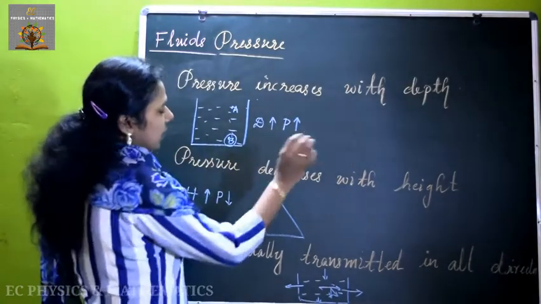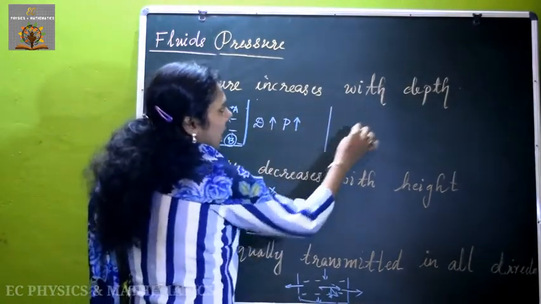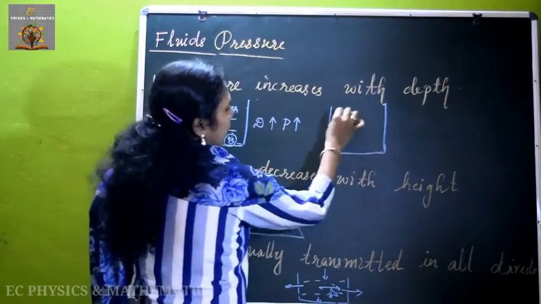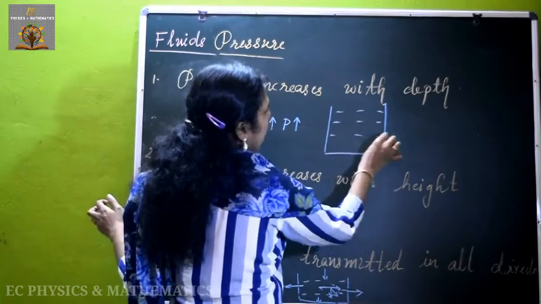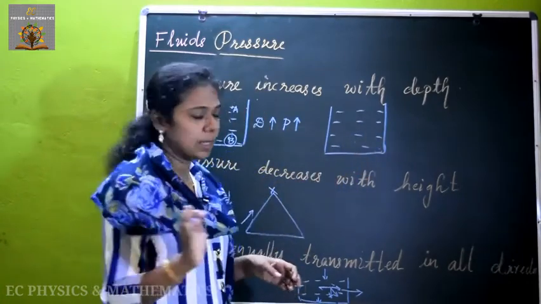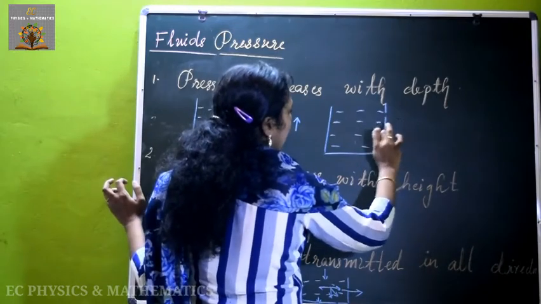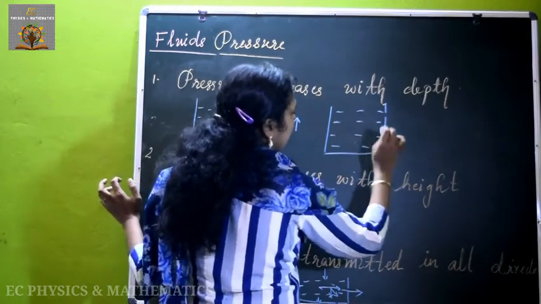Okay, next. And we are taking an example. A vessel filled with water. We are putting 3 holes in it. Okay, this is the first hole, and this is the second hole, and this is the third hole.